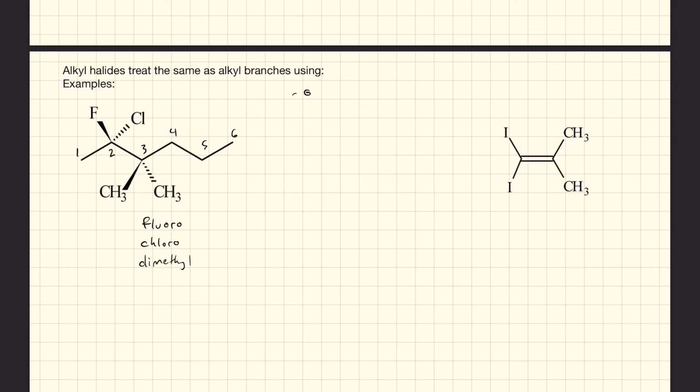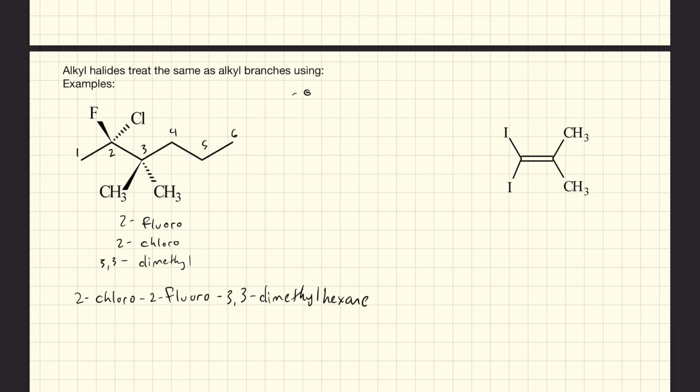Okay, so now I need to put these in alphabetical order. So chloro is going to go first, and chloro is at the 2 position, so is fluoro, and the dimethyls are both 3,3. Okay, so it's going to be 2-chloro, 2-fluoro, 3,3-dimethylhexane.